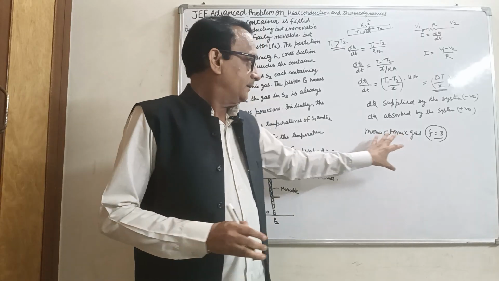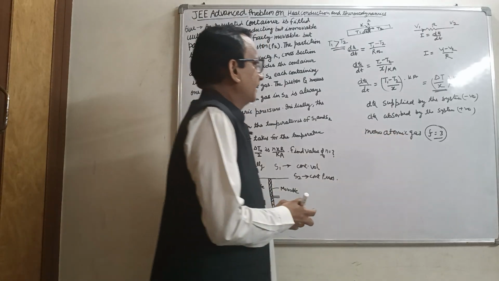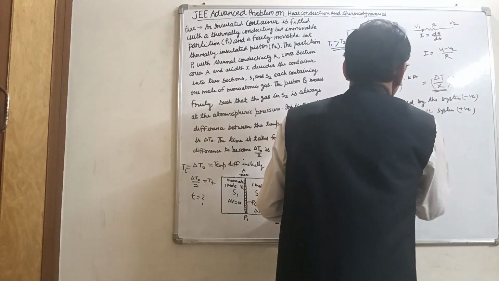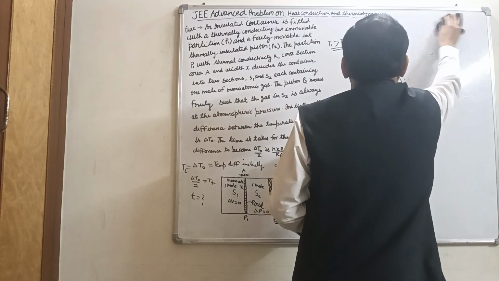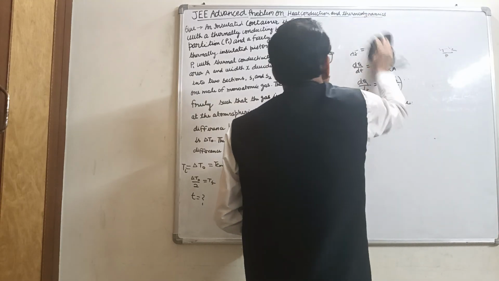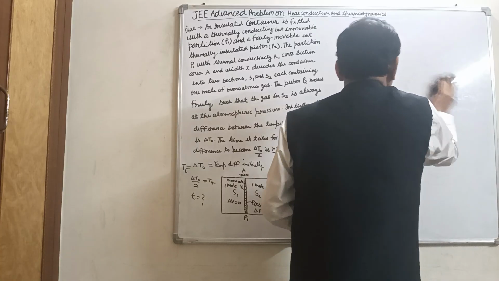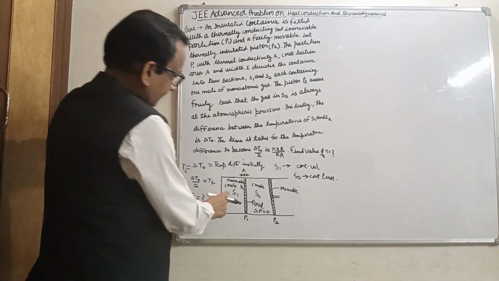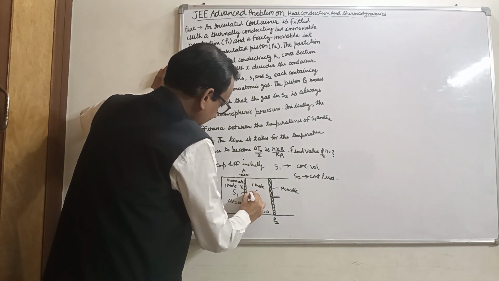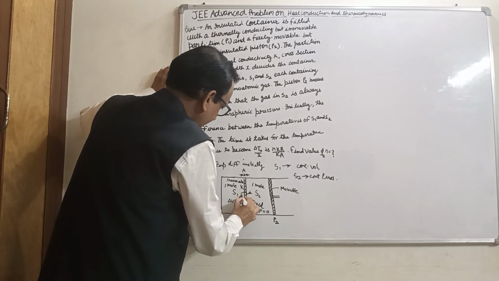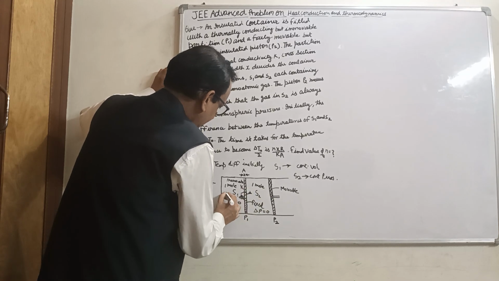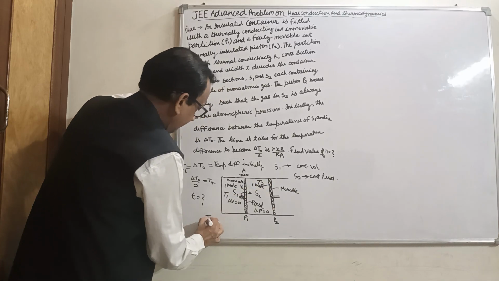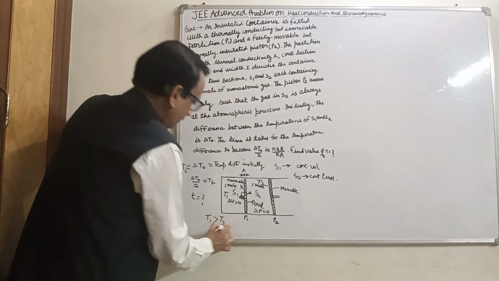This is the concept applied here. So I am going to solve this question. In this question, suppose the heat dQ is supplied from here to here, and let this temperature be T1 and this temperature be T2, where T1 is greater than T2.